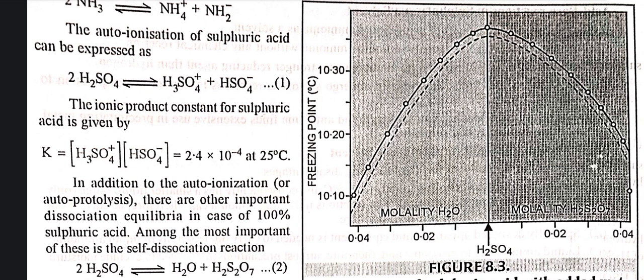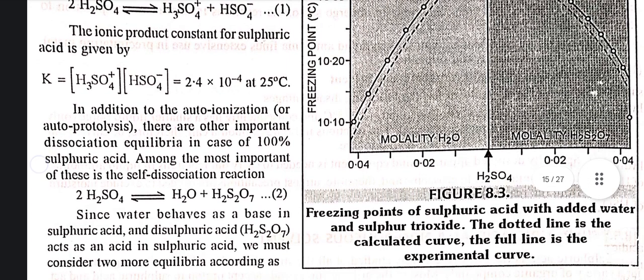In addition to the autoionization or autoprotolysis, there are other important dissociation equilibria in the case of 100% sulfuric acid. Among the most important of these is the self-dissociation reaction.